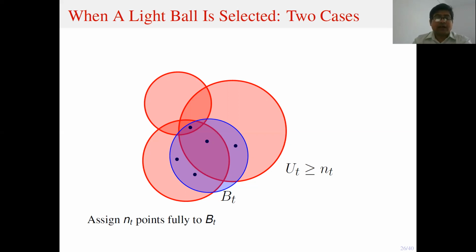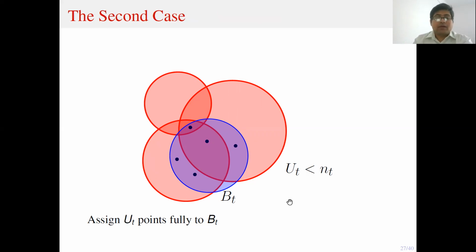So we can just assign all the NT points fully to this ball BT, and hence the flow is rerouted from other balls to this light ball BT. And this ensures that enough capacities become available for the other balls and in particular for the heavy balls. In the other case, UT is strictly less than NT, but I can still assign UT points fully to the ball BT without violating its capacity.